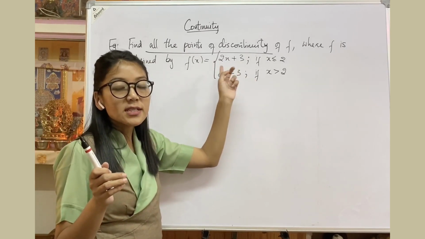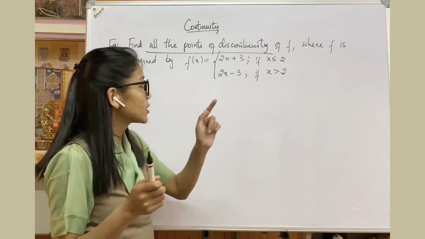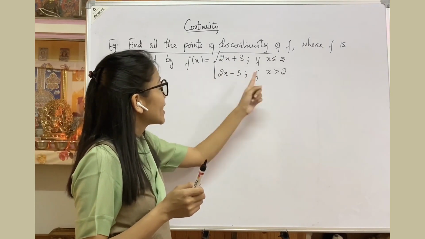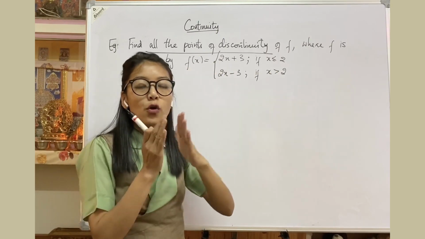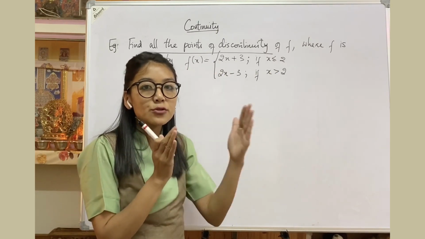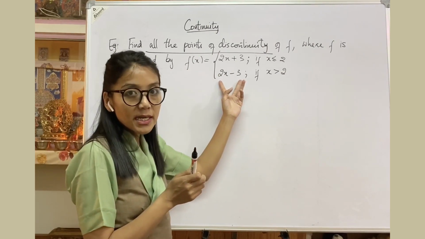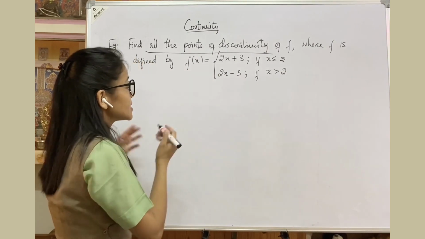That is a linear equation, so it represents a line, and a line is continuous everywhere. Similarly, when x is greater than 2, for all real numbers greater than 2, the function graph is 2x minus 3.